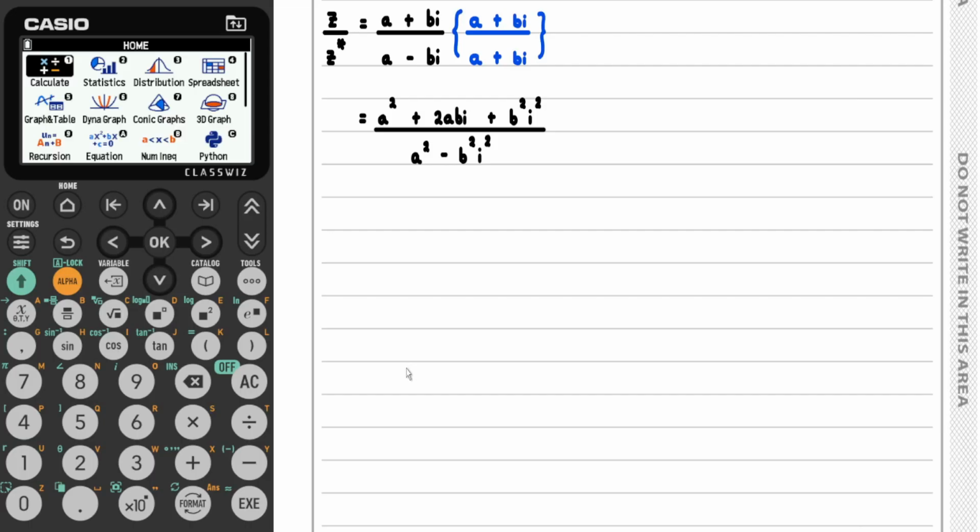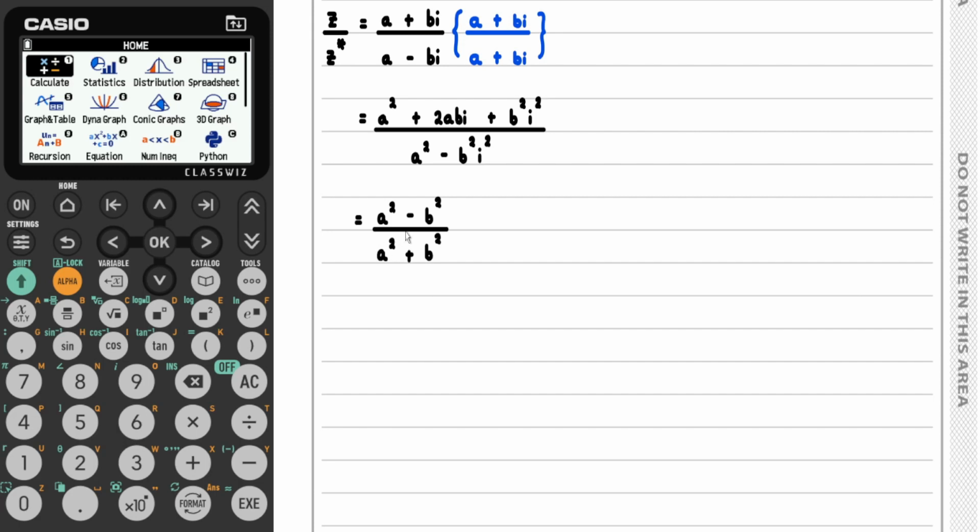Let's focus on the real part for now. We've got a squared, and then, recognizing that i squared is equal to negative 1, we've got b squared times negative 1, which is negative b squared. And for the denominator, we have a squared, and here we have negative b squared times i squared, so that's negative b squared times negative 1, which is positive b squared.